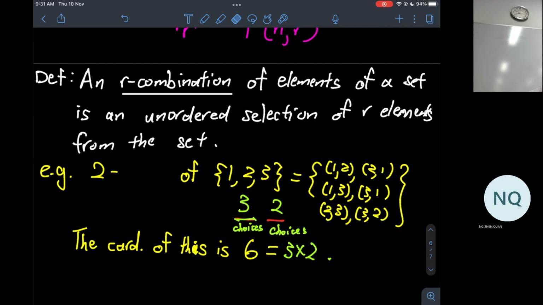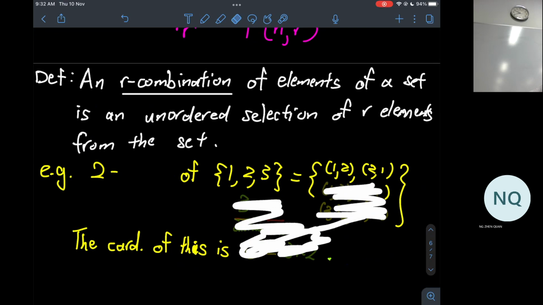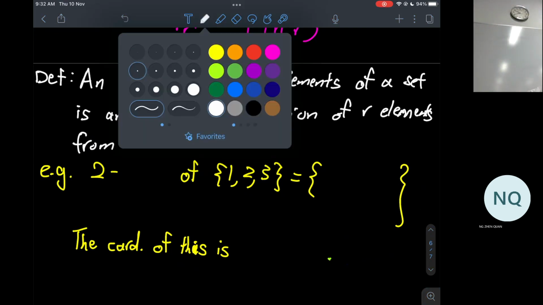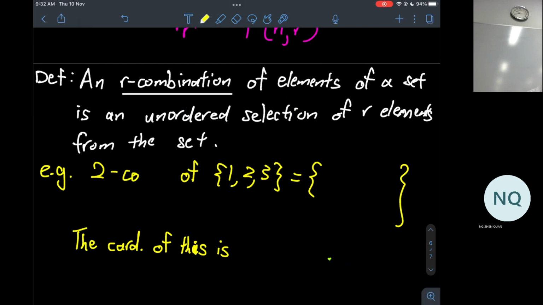Let's try the two-combinations of a three-element set. You need to pick two, but I don't care about the order.